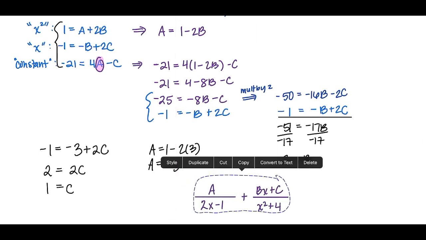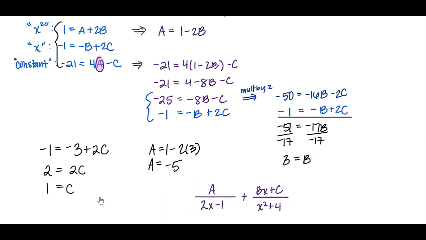So we originally had a over 2x minus 1, plus bx plus c over x squared minus 4. So it's now just replacing those values of a, b, and c. So a was -5, b was 3, and c is 1.